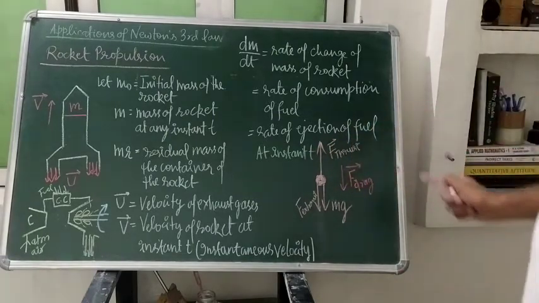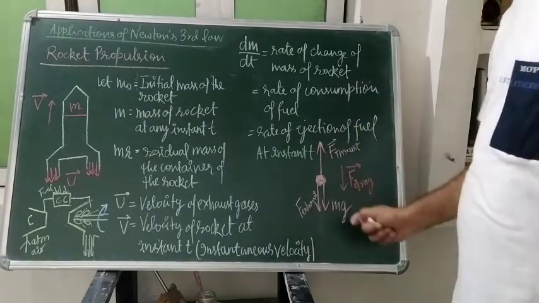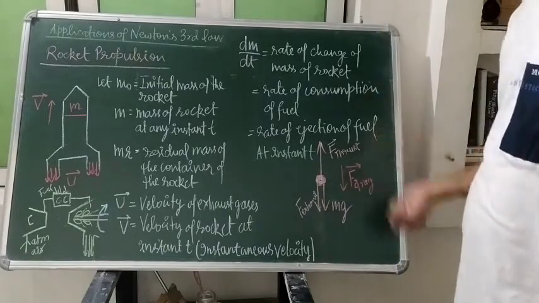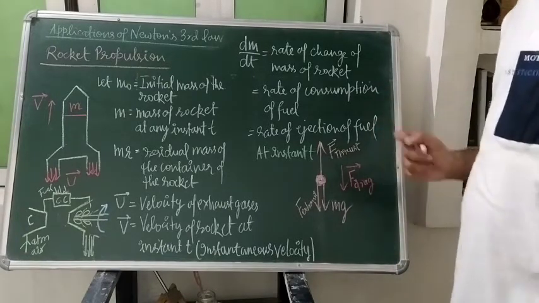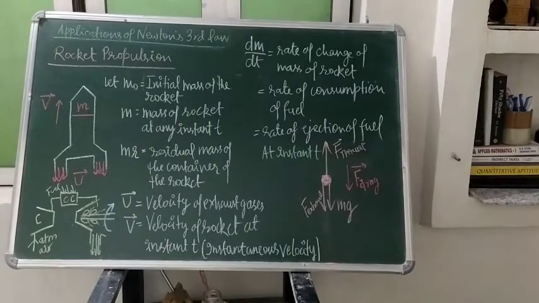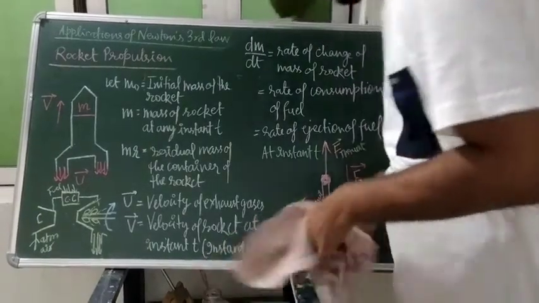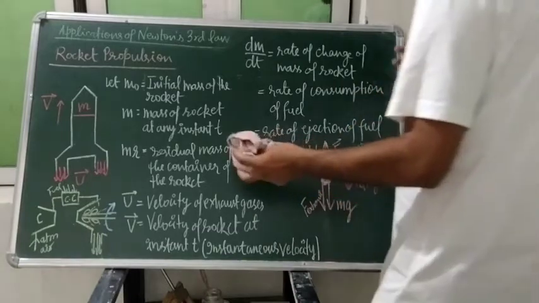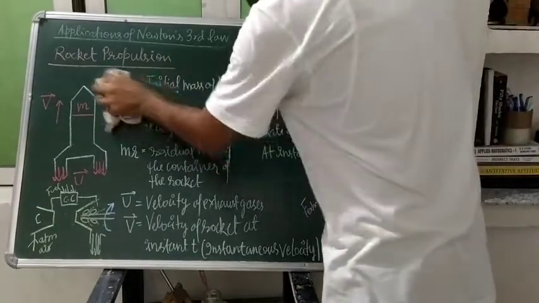Don't make the blunder of adding a normal force. Okay, only this many forces will act on it. So we have come to know what the forces acting on it are.